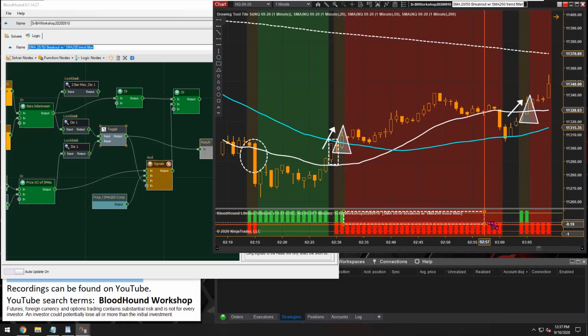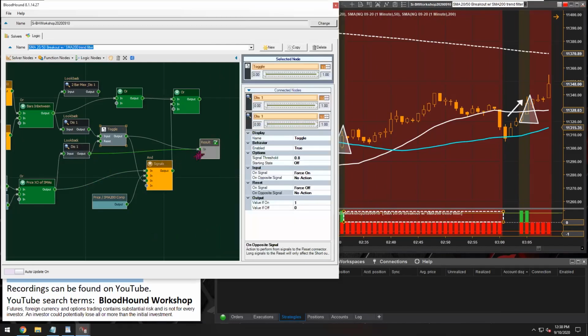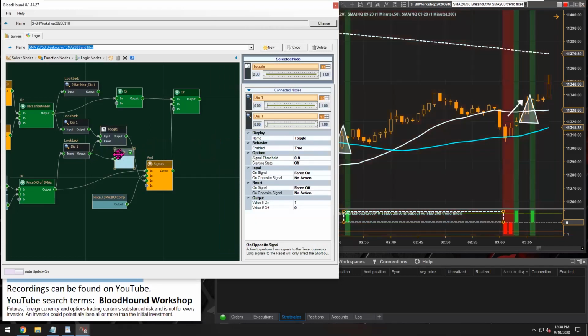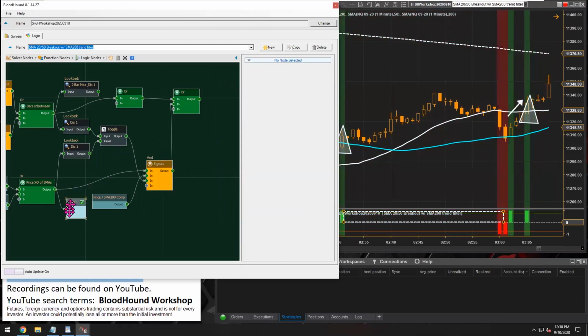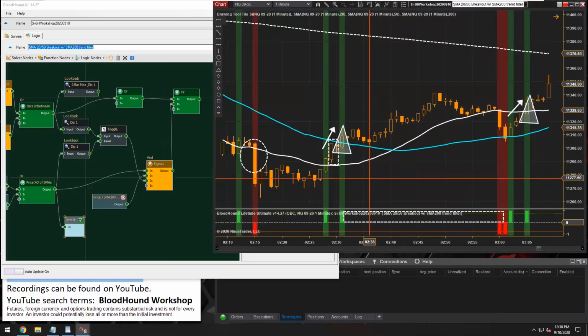We can see the long output is turned off on the toggle node, but the short output is not being turned off. And that's because, remember, before, our crossover signals were giving us long and short at the same time.